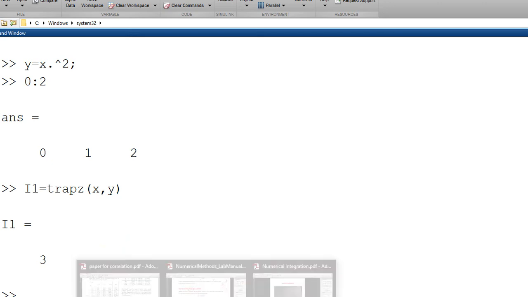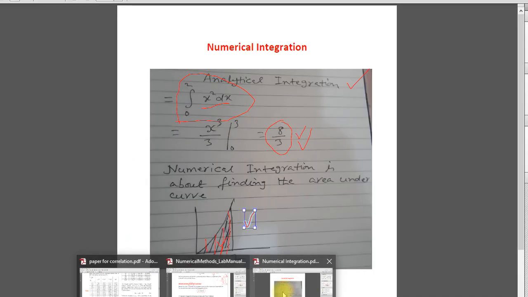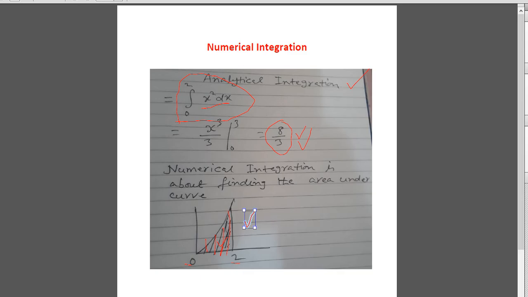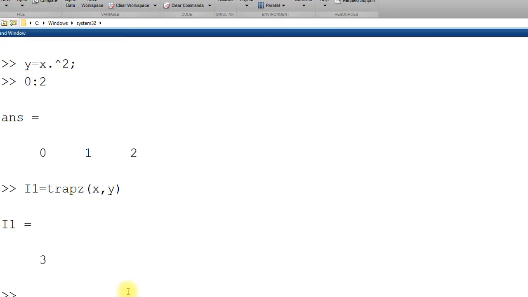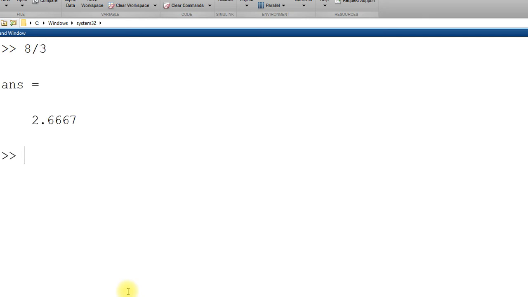The trapz answer is 3. And what is the exact answer we have? 8 over 3, which is 2.66. So my answer was 3, which is far from the exact answer. Why? Because I made the interval x from 0 to 2 with only two sub-intervals, 0 to 1 and 1 to 2.